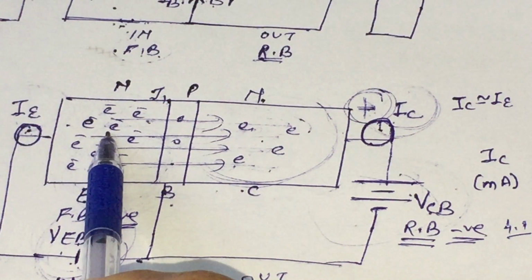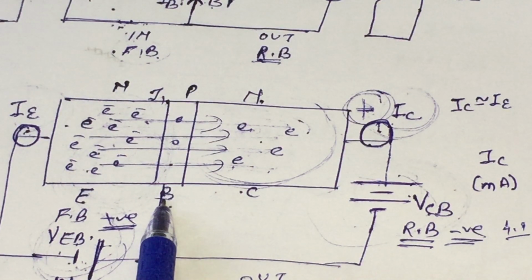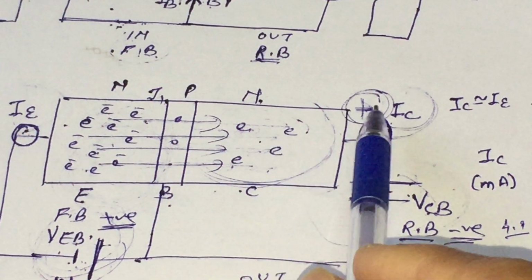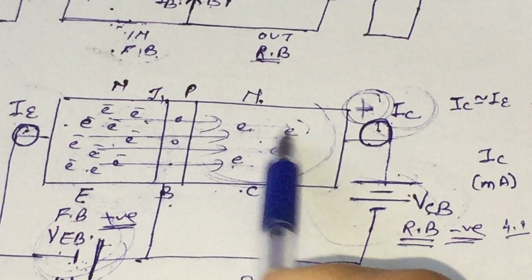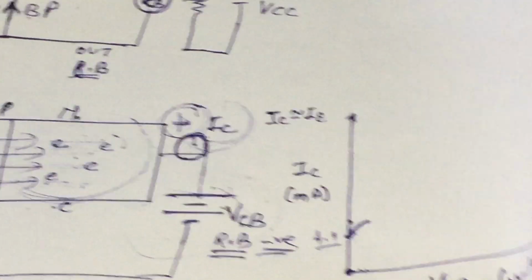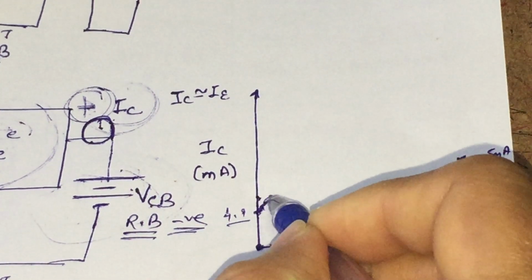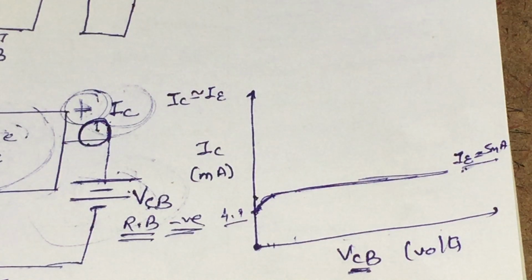It means if there are 100 electrons and 5 electrons are recombining in this region, 95 electrons are approaching the collector region. Even if this potential is small or large, only 95 electrons are responsible for the collector current. It means on further increase of the voltage, there is no further increase in the collector current.